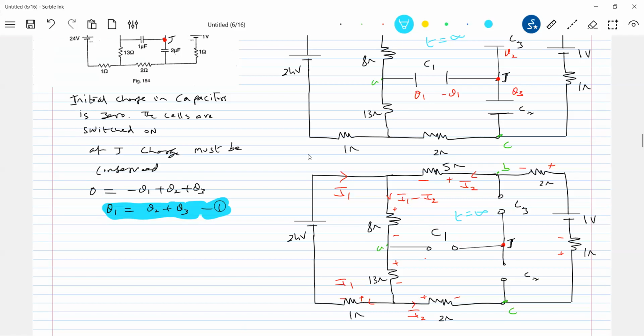Okay, fine. So looking at this, write the equation for KVL: 24 plus 5i2 plus 2i2 minus 1 plus i2 plus 2i2 minus i1 equal to 0.